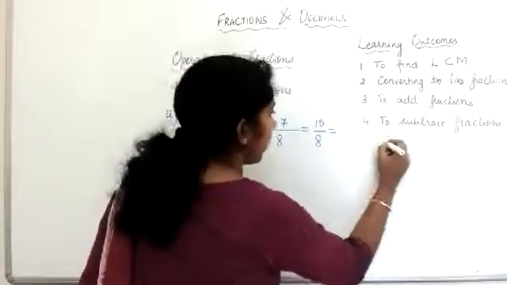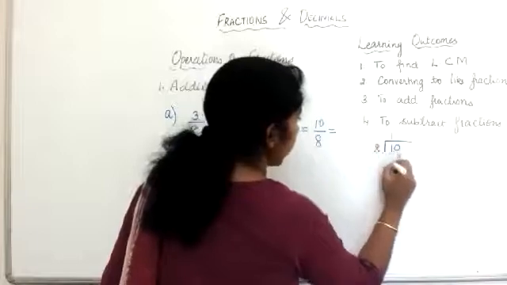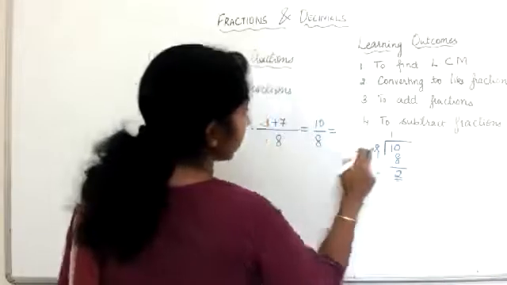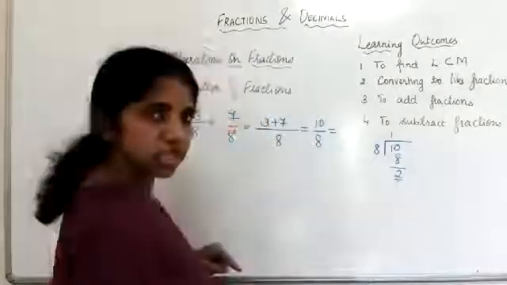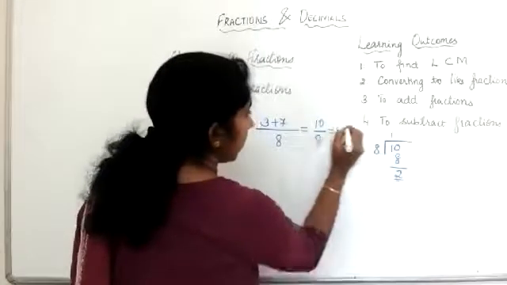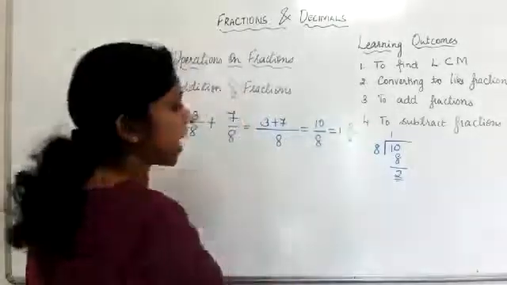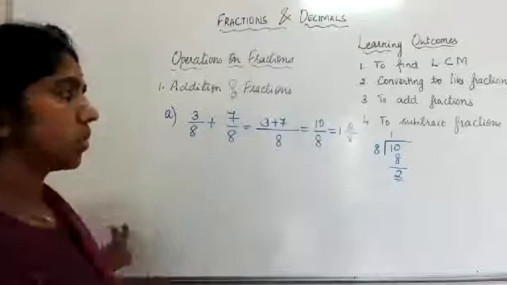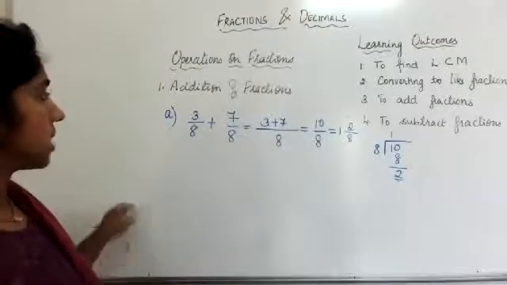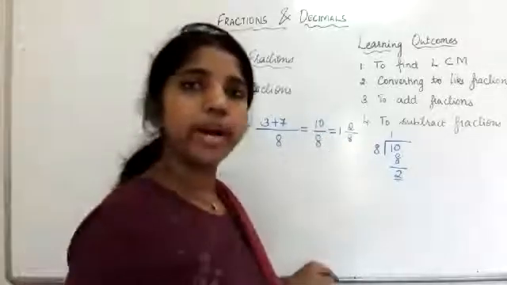When you divide 10 by 8, 8 ones are 8, so 10 minus 8 is 2. The quotient becomes your whole number, the remainder is your numerator, and the divisor stays as it is. So 1 and 2 by 8. The sum of 3 by 8 and 7 by 8 is 1 and 2 by 8.